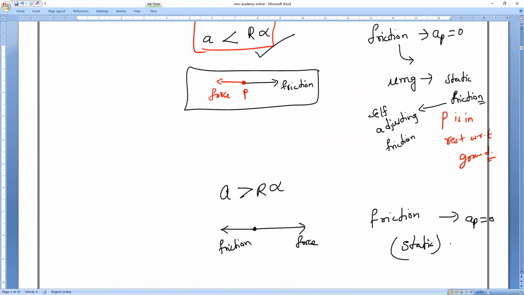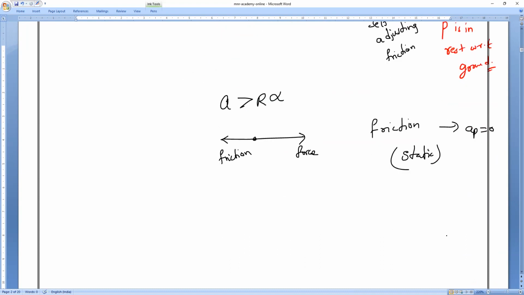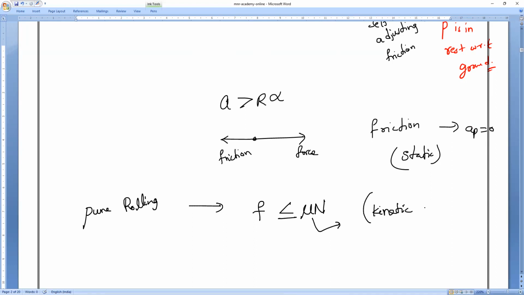Static friction. Keep it in mind always: so far the body is not in pure rolling. If it is pure rolling, the required condition is that the force of friction is always less than or equal to mu n. Here mu n is kinetic friction or static friction? Kinetic friction.